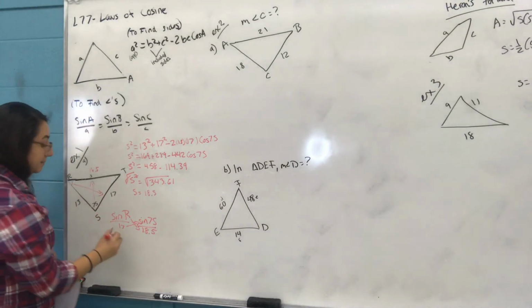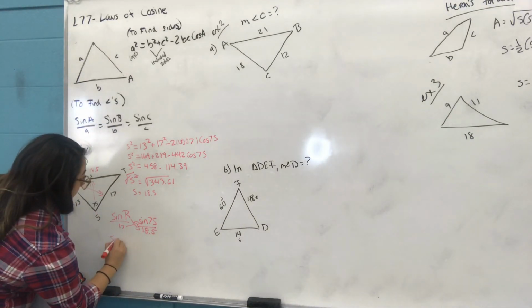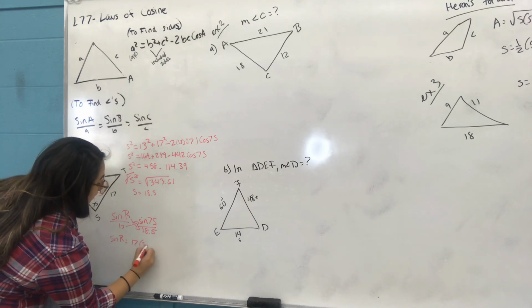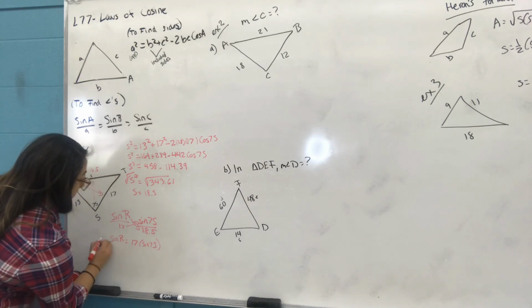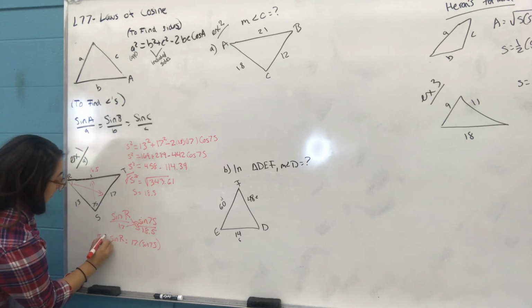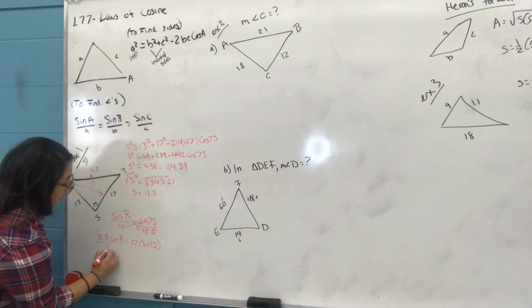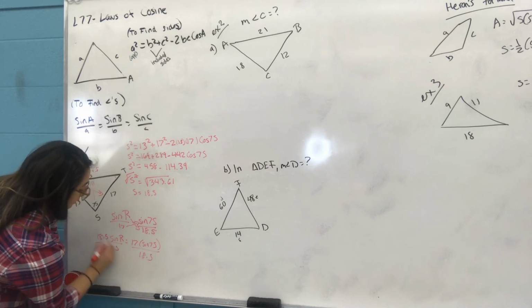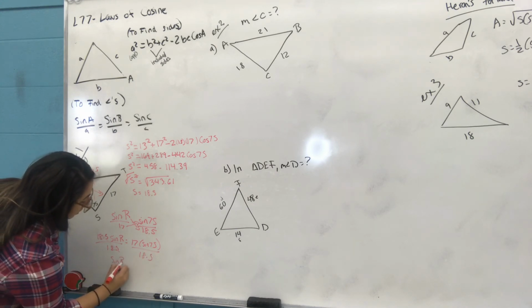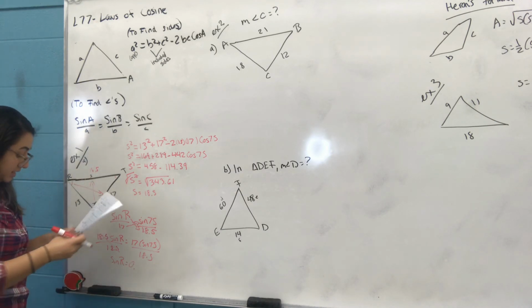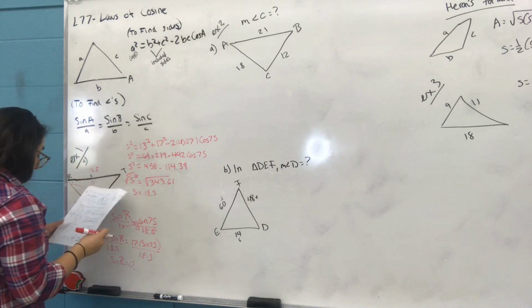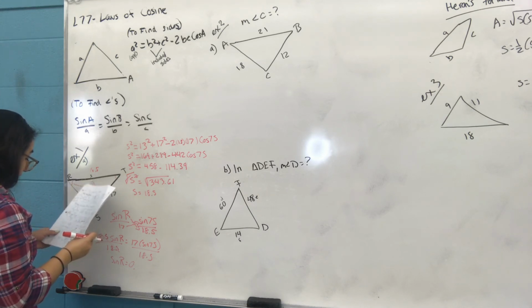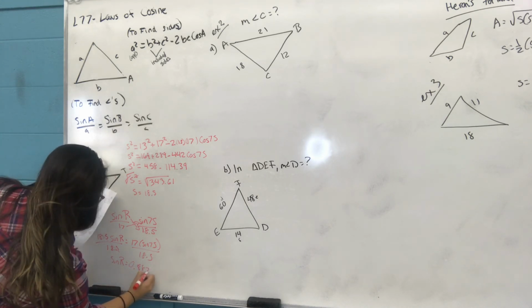I cross multiply. So I have 18.5 times the sine of r is equal to 17 times the sine of 75. Divide by 18.5 on both sides, and I'm just going to rush through this. Sine of r is equal to 0.8876.